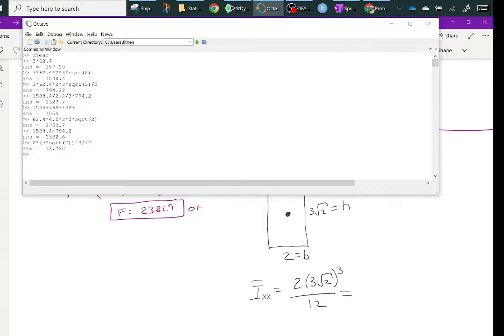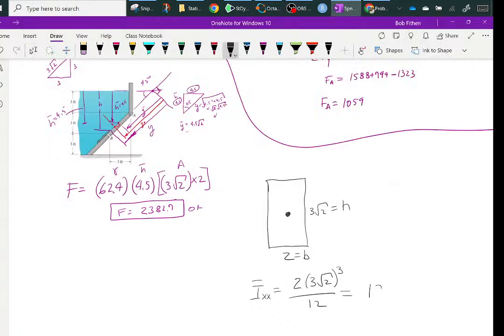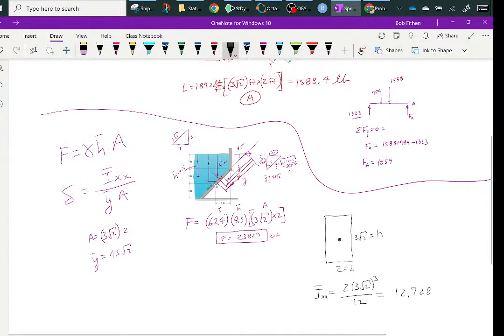Oh, wow, that's a little bit high. Well, okay, it may still be there. 12.728.